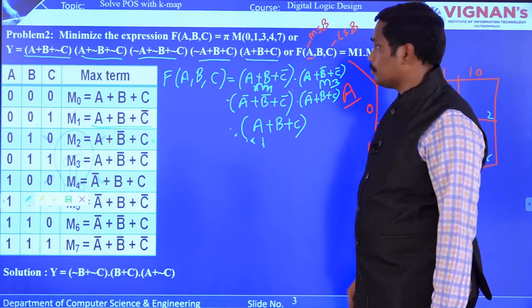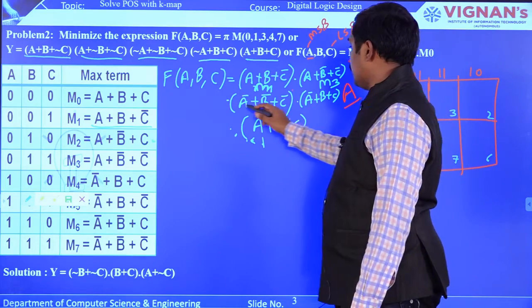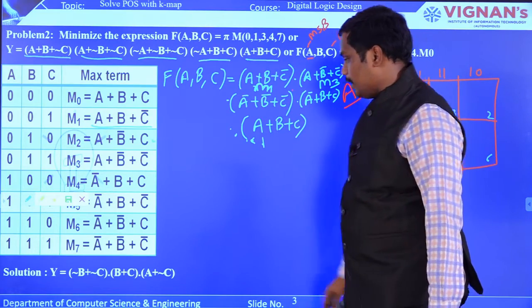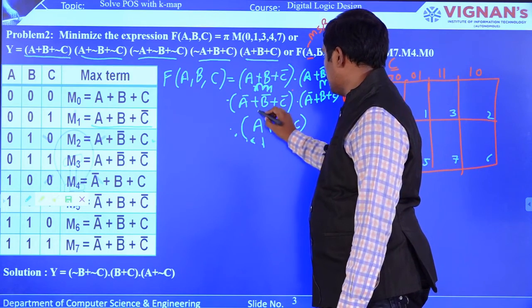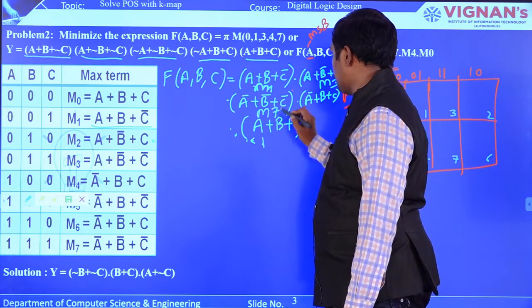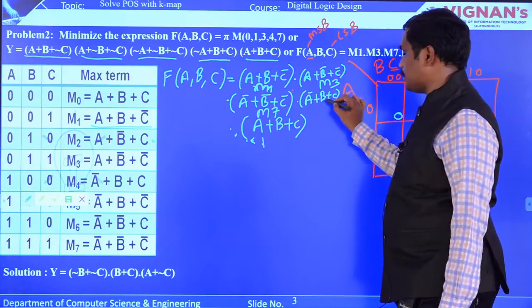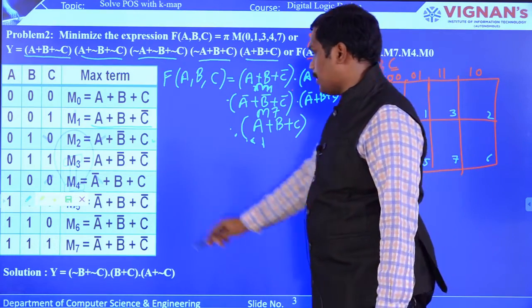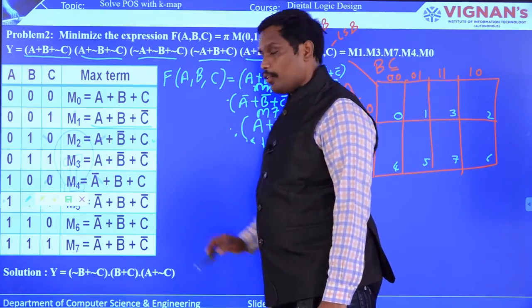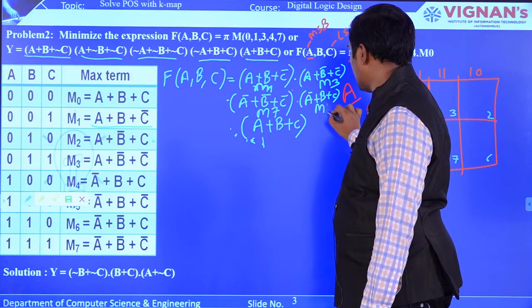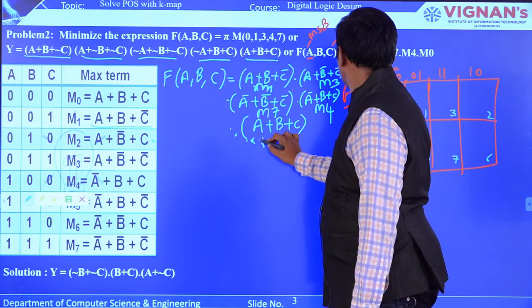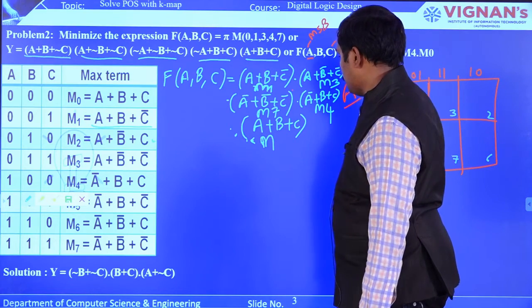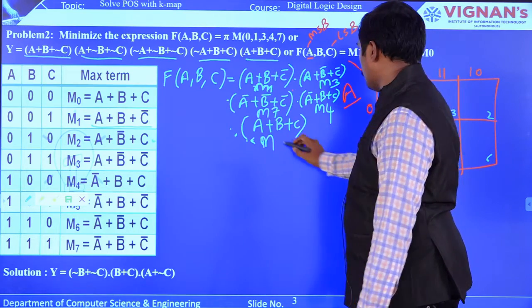And now A bar plus B bar plus C bar, which is the last term, that is M7, and then A bar plus B plus C is M4. So we name it as M4, and then finally A plus B plus C is M0, right?